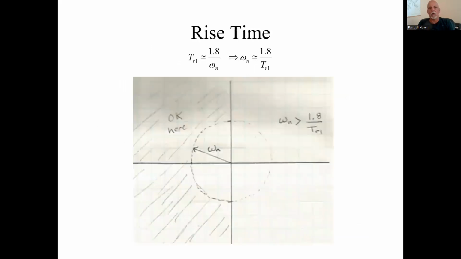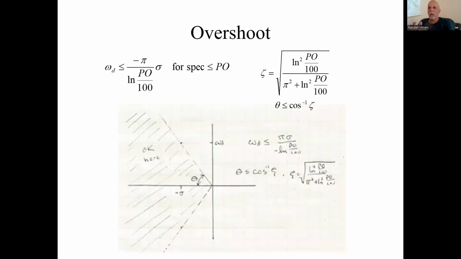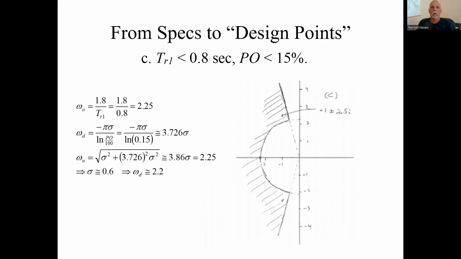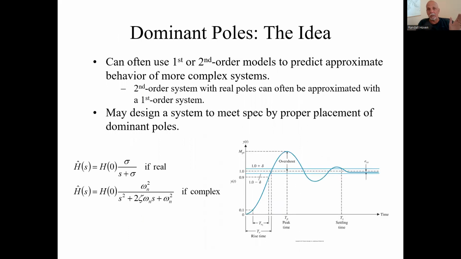Here, we already went through how to translate pole locations for a prototype system to time domain specs. What if you don't have a prototype system? Well, there you might be able to get away with the concept of dominant poles.